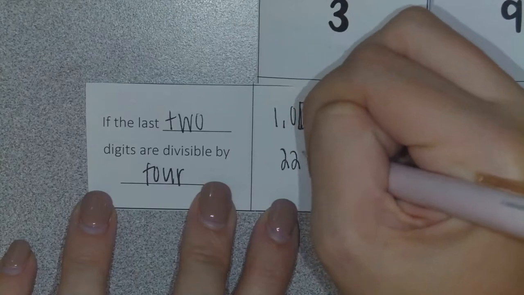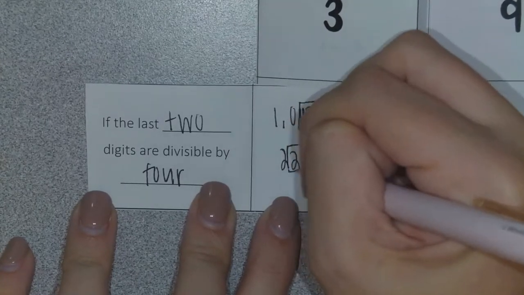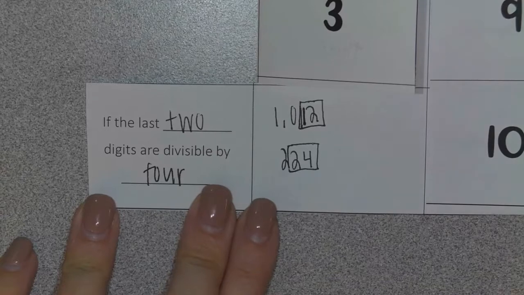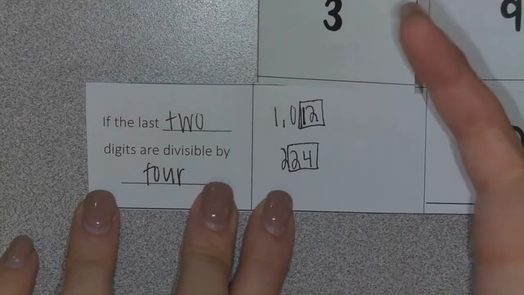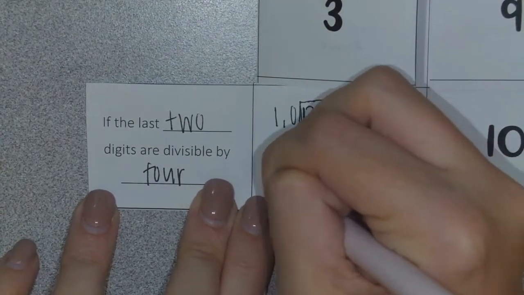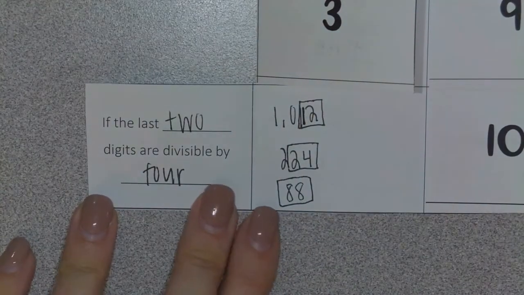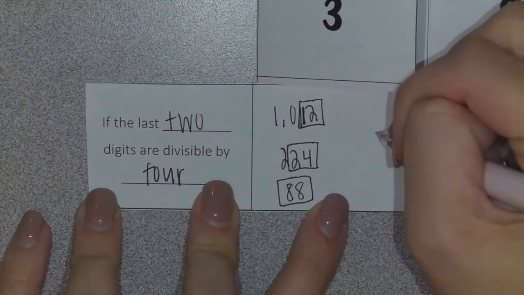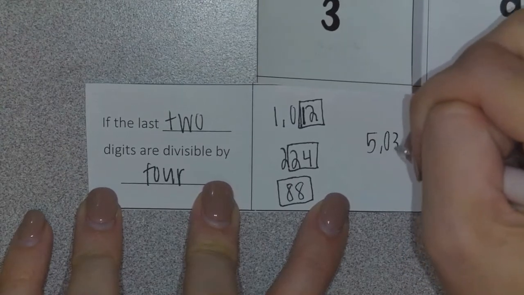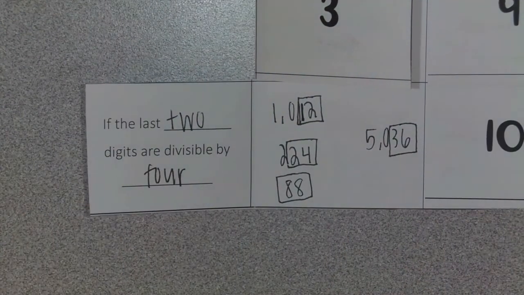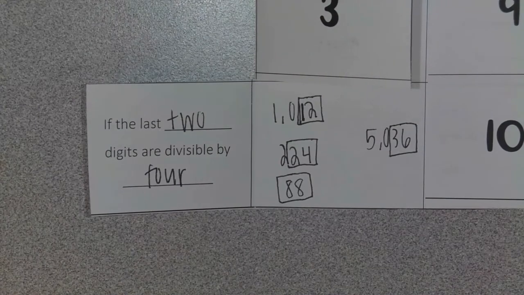The number 224: the last two digits create the number 24, and 24 is divisible by 4. What happens if the number is only two digits? For example, 88. Then you look at the whole number, and 88 is also divisible by 4. The number 5036: the last two digits are 36, which is divisible by 4, so the whole number is also divisible by 4.